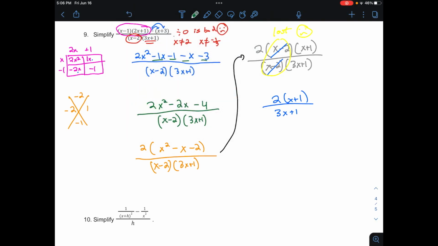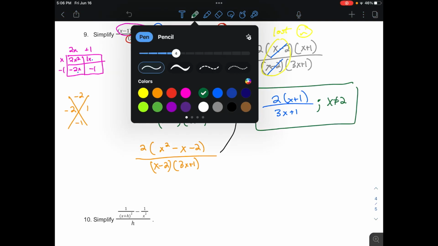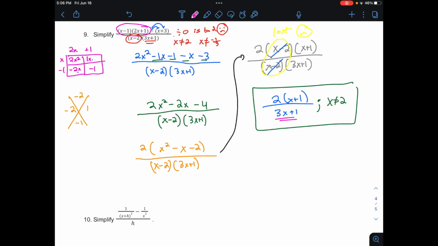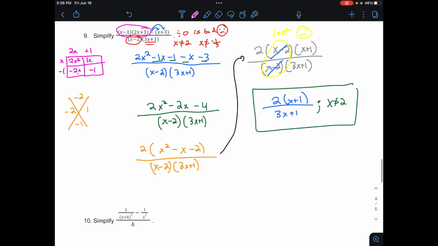But we're going to be happy because why don't we just say, oh, okay, so x does not equal 2. Now these functions are identical. I still have my x does not equal negative 1/3 from here. Here I have x does not equal 2 manually stated as a domain restriction. Beautiful. So don't forget your domain restriction when canceling and simplifying rational expressions, functions, yada.